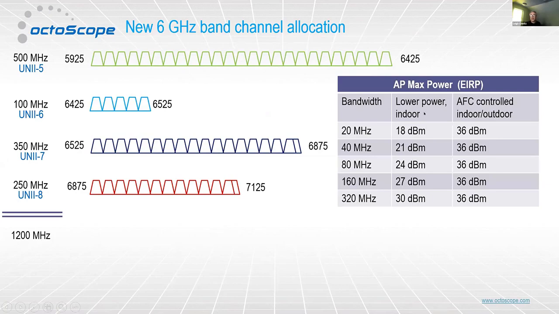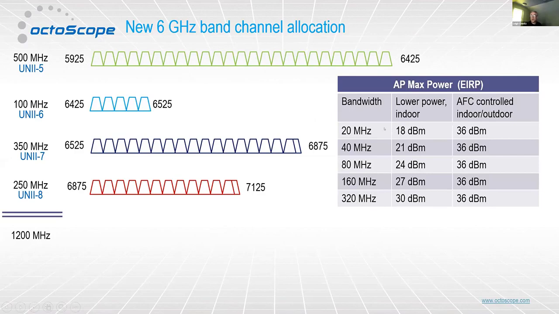So the way the regulatory regime has worked out here in the US, we're actually able to use these 6 gigahertz channels for kind of 2 separate ways of using it. One is what they call low power use and only indoor. And the rules are the same for all these bands.